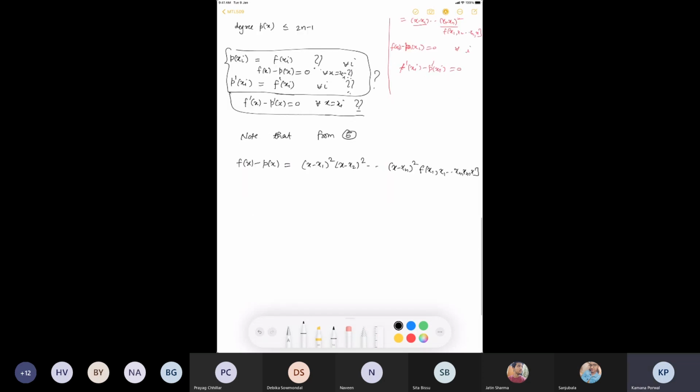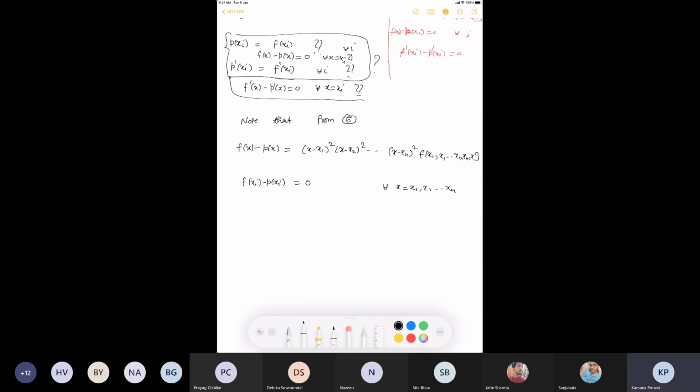And you can simply observe that f of xi minus p at xi will be 0 for all i equal to 1, 2 up to n, because you have x minus xi sitting as a factor of f(x) minus p(x).